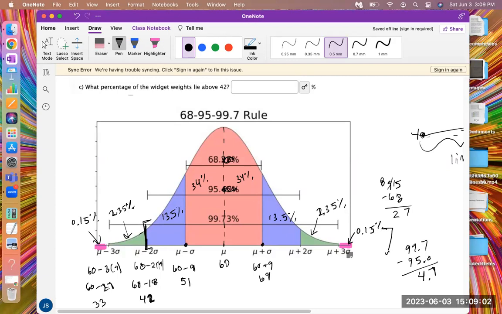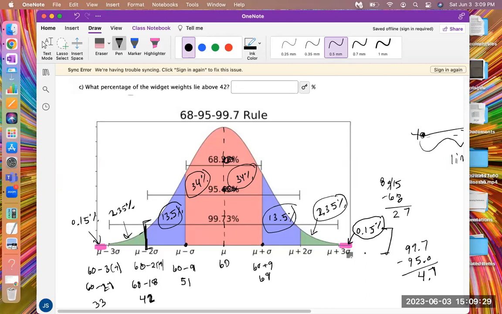Well, actually, that pink region goes on forever, but get the idea that we're going to have to add this plus this plus this plus this plus this, and don't forget this little pink region that, like I'm saying, is not even visible. So they forget that 0.15. That's what happens. So you'd have to add up all of those regions, and that's how you'd find this answer.